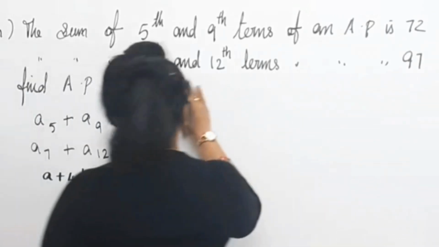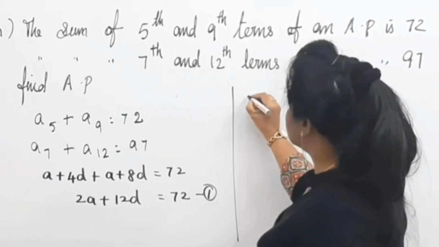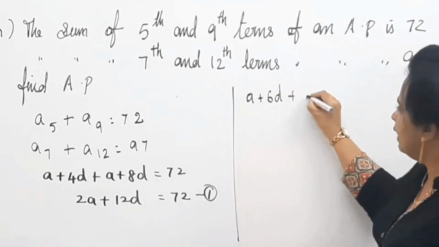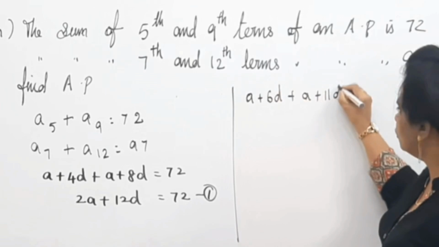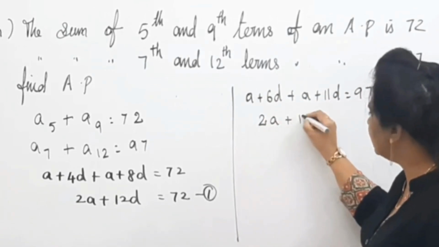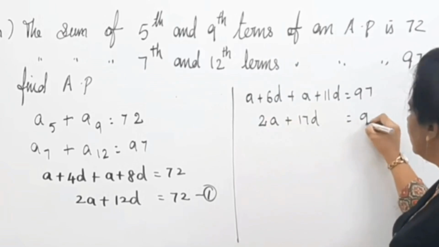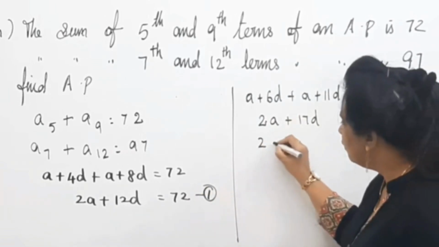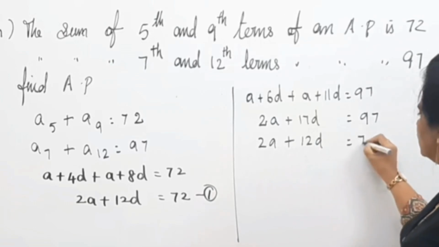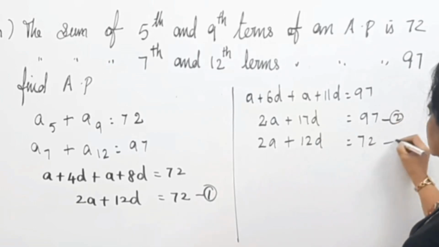And my second equation is a plus 6d plus a plus 11d is equal to 97. So this I will write as 2a plus 17d is equal to 97. This is my second and this is my first.